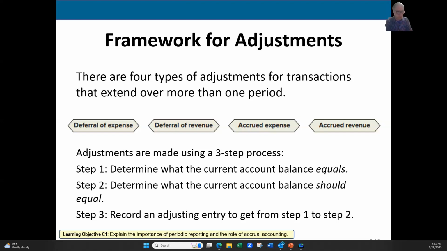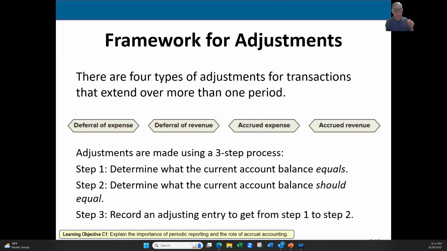Yep. That's the difference between the two. We make adjusting entries based off a 3-step process. Determine what the account balance equals to, determine what the balance should equal to, record the adjusting entry.